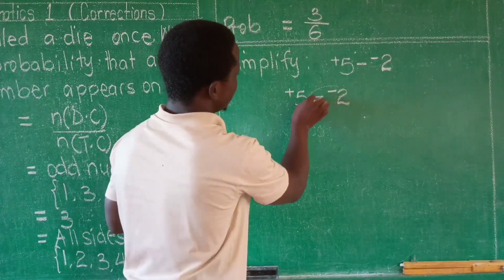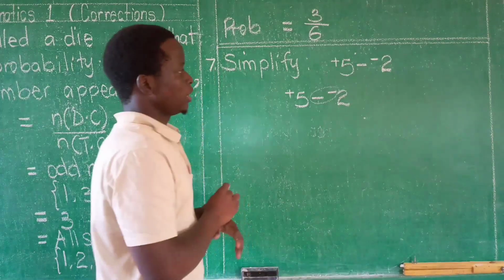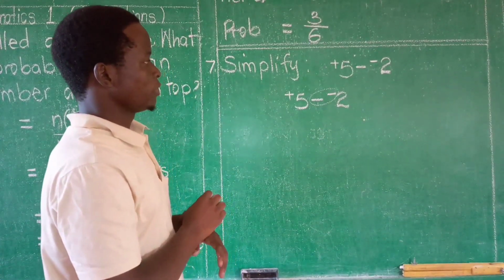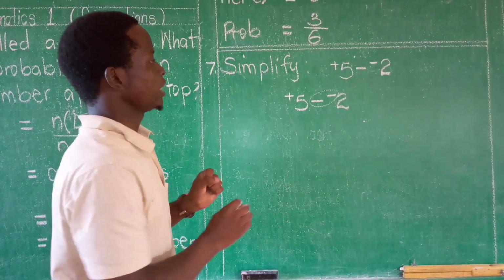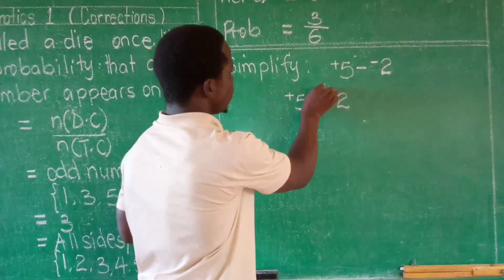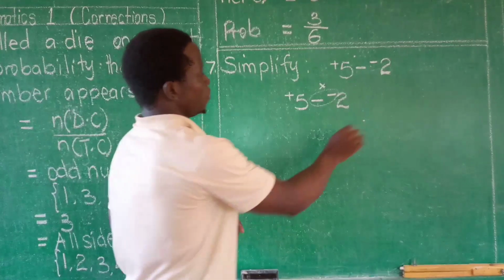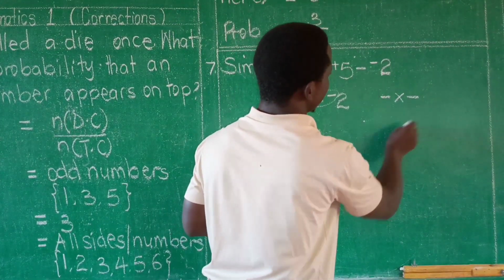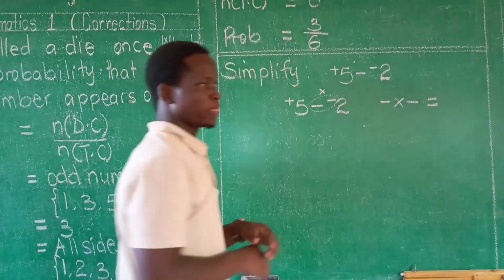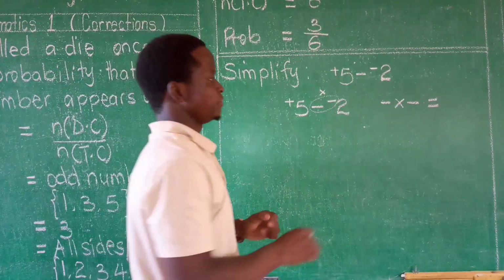There are 2 signs here. How do we deal with them? We have to make sure they turn into 1 sign before we go ahead. So we multiply them. We get a minus multiplied by a minus. And what do we get? We get a positive.